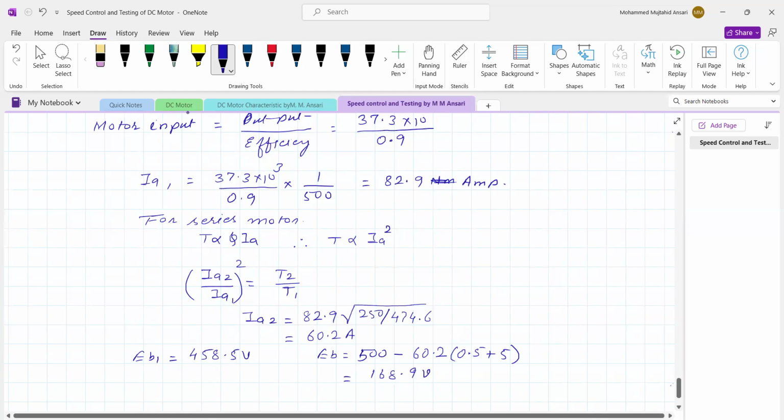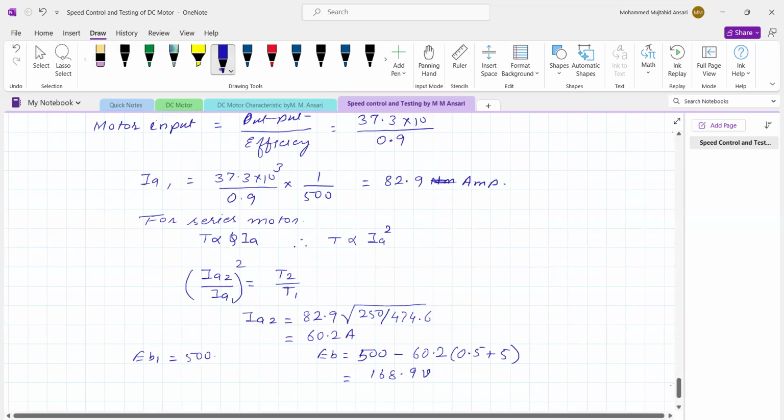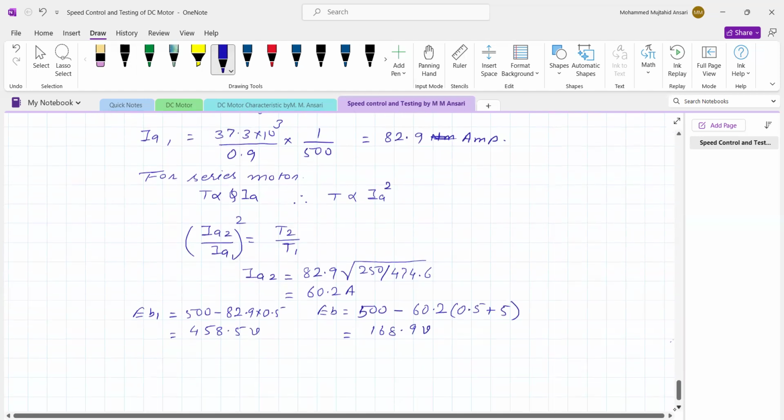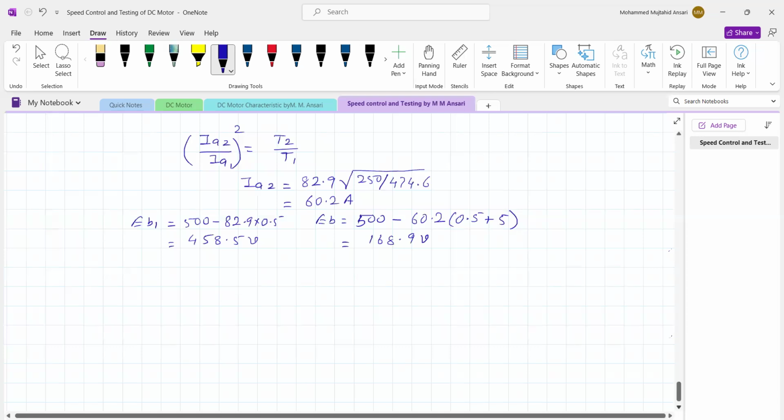We will elaborate this equation. Here EB1 is equal to 500 minus 82.9 into 0.5, only 0.5, and here the resistance is added, so it is equal to 458.5 volt.